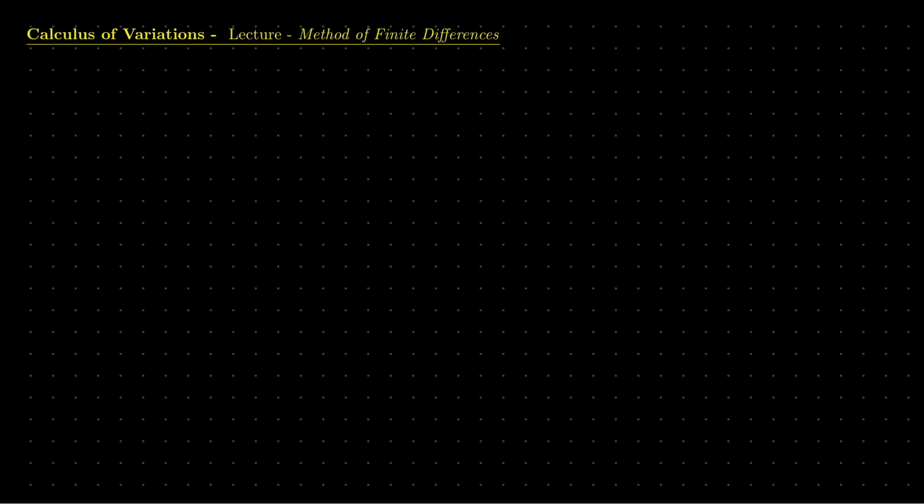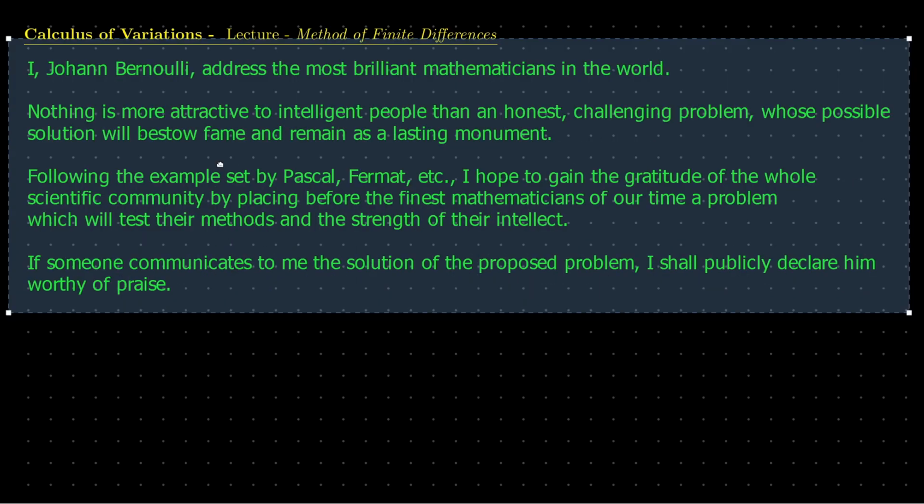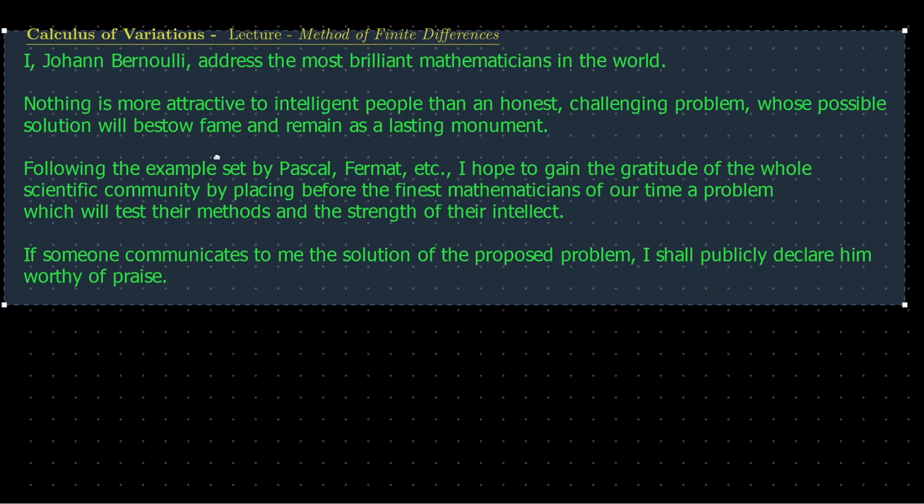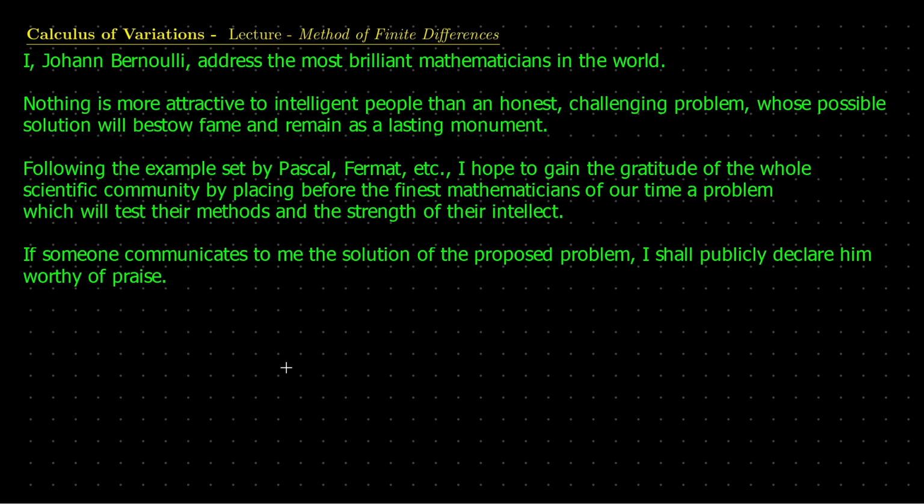So this problem, the Brachistochrone problem, essentially started as a challenge. It was a problem that was posed in 1696 by John Bernoulli, and the exact challenge reads as follows. He says, I, Johann Bernoulli, address the most brilliant mathematicians in the world.